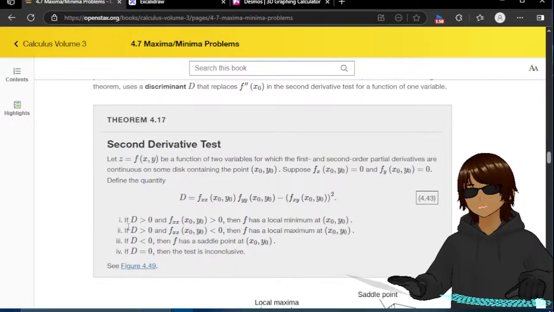If D is more than 0 and f_xx is more than 0, then f has a local minimum. If f_xx is less than 0, then f has a local maximum.